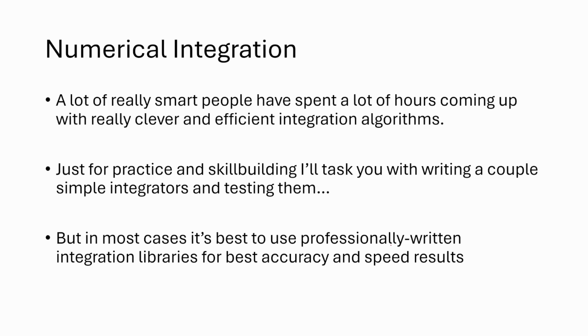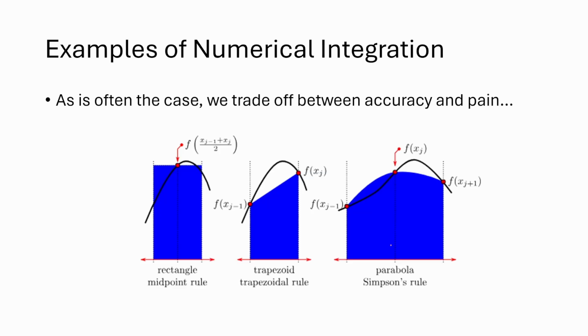Now, if you really get into this stuff, knowing which different integration algorithms are better in different situations is like the next level of understanding of this stuff. I'm not there yet myself. I'm not going to pretend to be. What I will say is that the three basic numerical integration recipes relating to this area under the curve idea are the rectangle rule, the trapezoid rule, and the parabola rule.